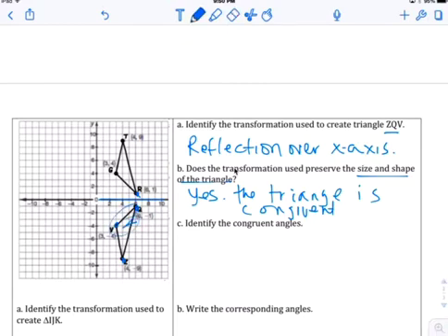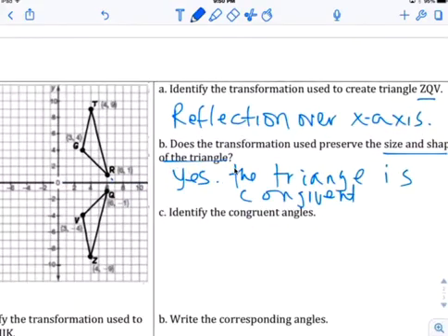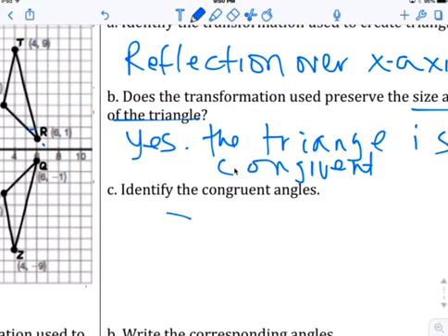Identify the congruent angles. Okay, let's look at the congruent angles. This is an angle here, that's congruent to Q. It's the same, right? Reflection. So angle R, this is identifying congruent angles.